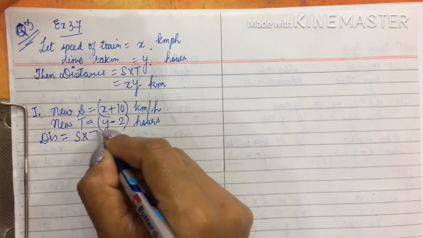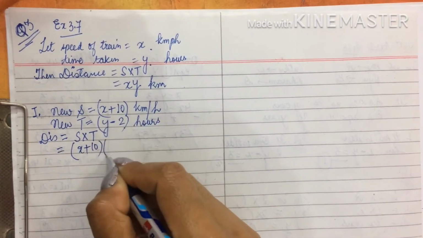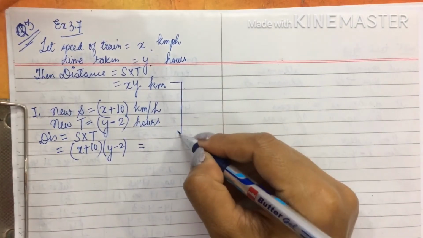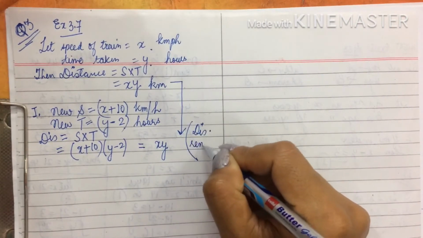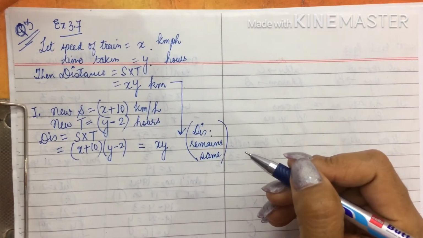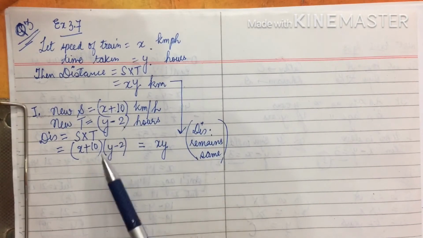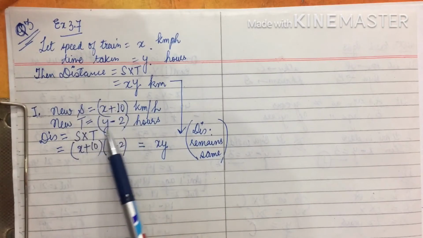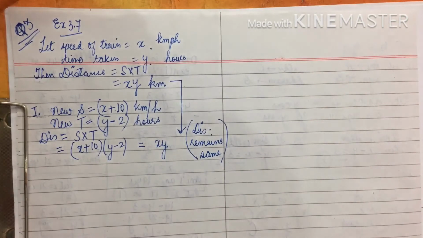So distance, which is given by speed into time, speed is x plus 10 multiplied with y minus 2. This should be equal to this distance. Distance remains the same. There's no change in the distance covered. The train is covering the same distance. The speed was increased, so the time got reduced, but the distance remains the same. So the distance with these speed and time should be equal to the distance obtained originally.